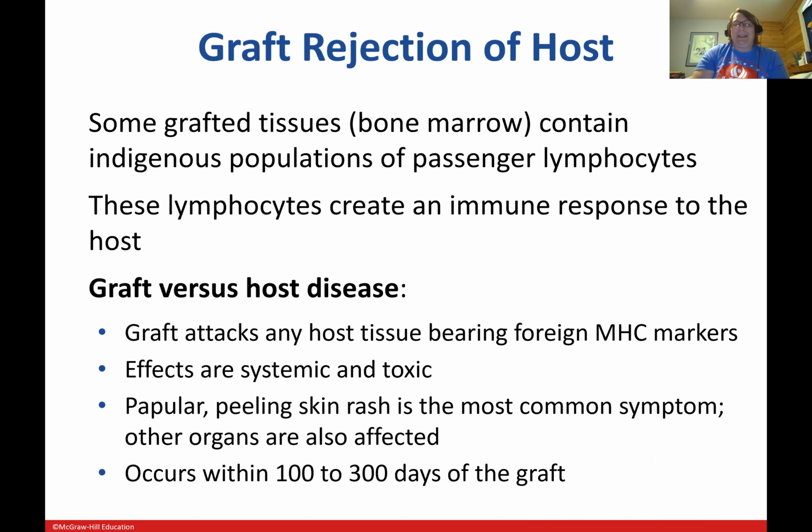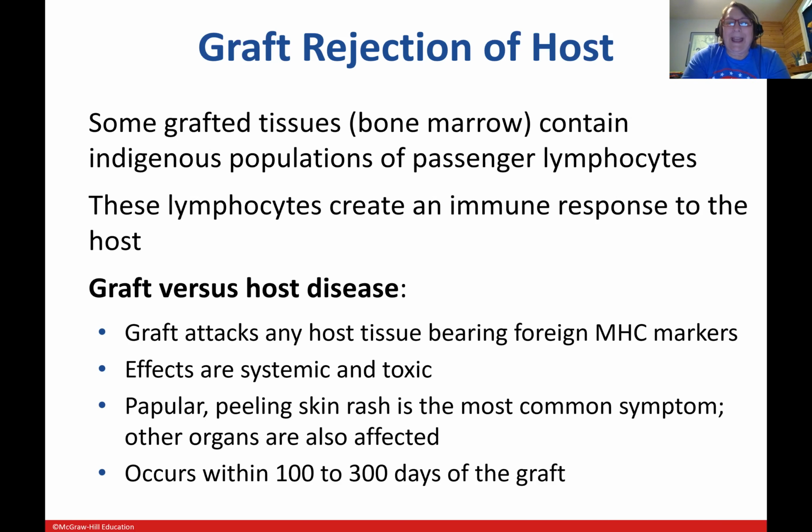So essentially, unlike us identifying foreign tissue in our body, in that case, it is the original owner of that tissue's immune system that's then going to turn around and attack us. That is referred to as graft versus host disease.